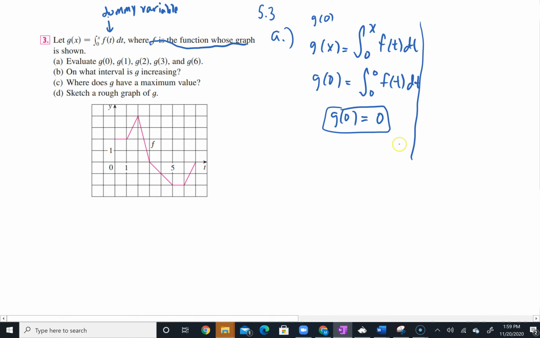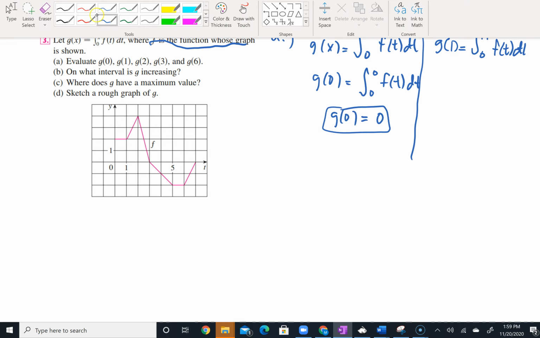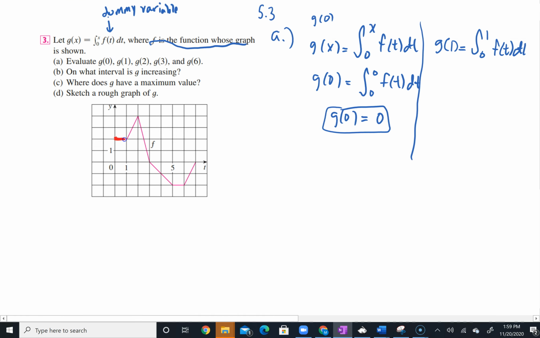Well, what else? We could say g of 1. Now, g of 1 would be the net area, 0 to 1 of f of t dt. And this is where we're going to come to our graph here. And you know what? I'm going to embolden this a little, really make it jump out a little bit more.